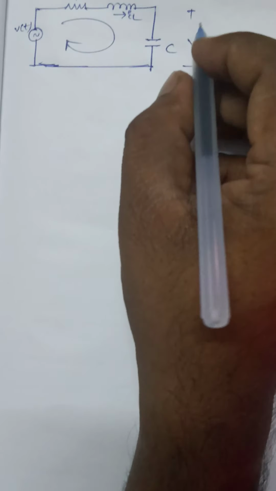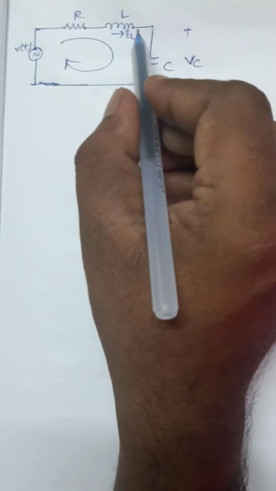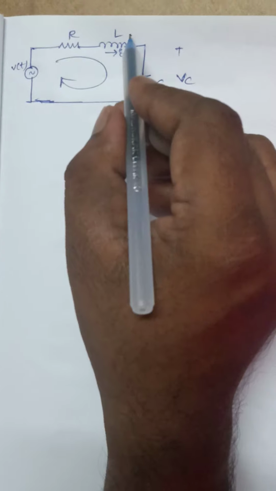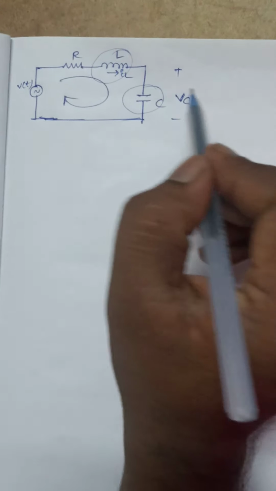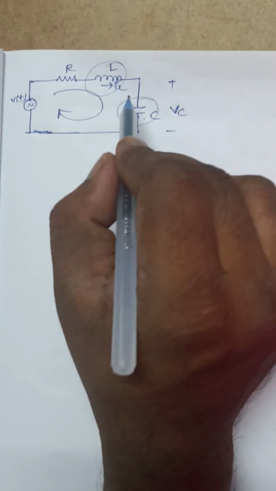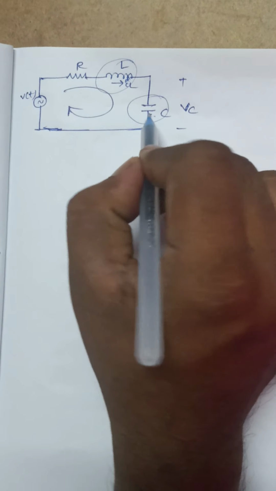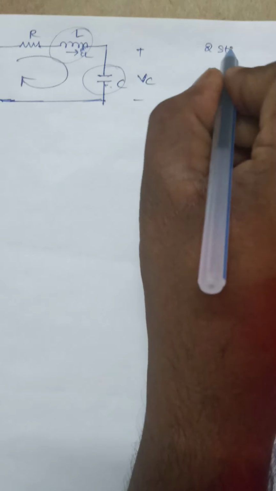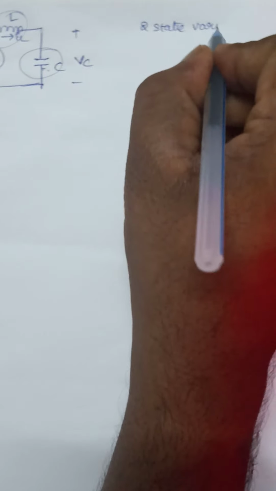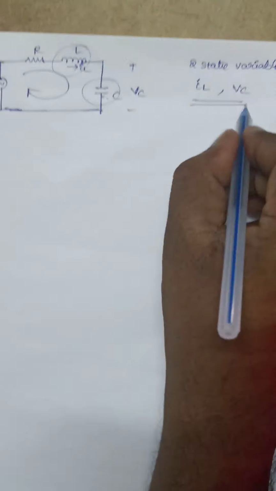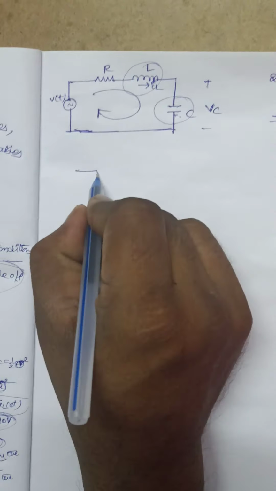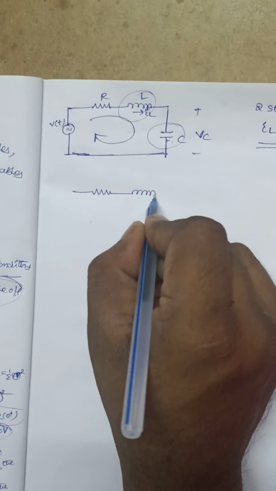Since there are two memory elements, or dynamic elements, or energy storage elements here, this is one element and this is another element, there will exist two state variables: the current passing through the inductor IL and the voltage across the capacitor Vc. These two are the state variables. Suppose there is another question here like this.